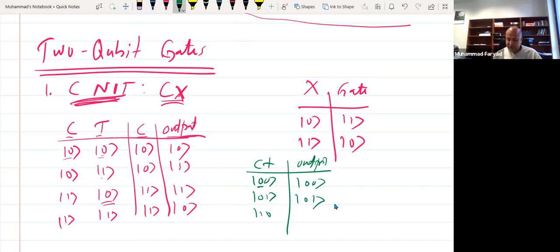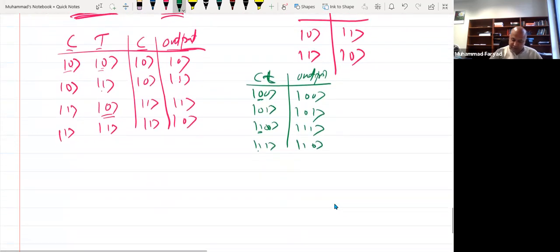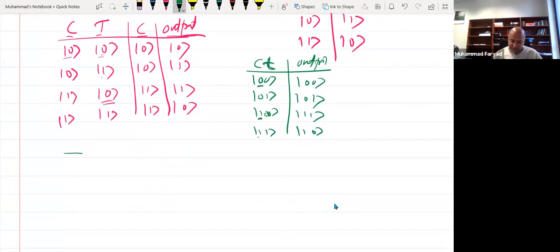And |10⟩ goes to |11⟩, because this control is 1, so target 0 is flipped to 1. And the |11⟩ state goes to |10⟩, because control is 1, so target is flipped. So this is how we can express this CX gate. And it has this symbol.